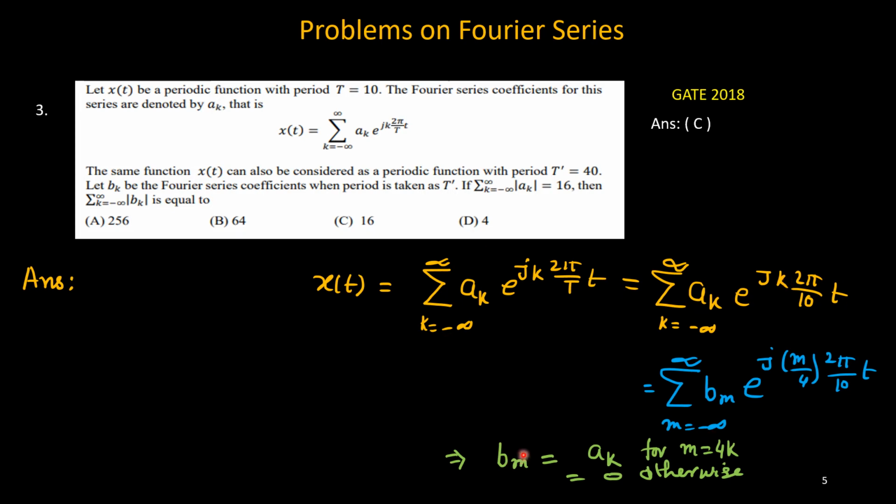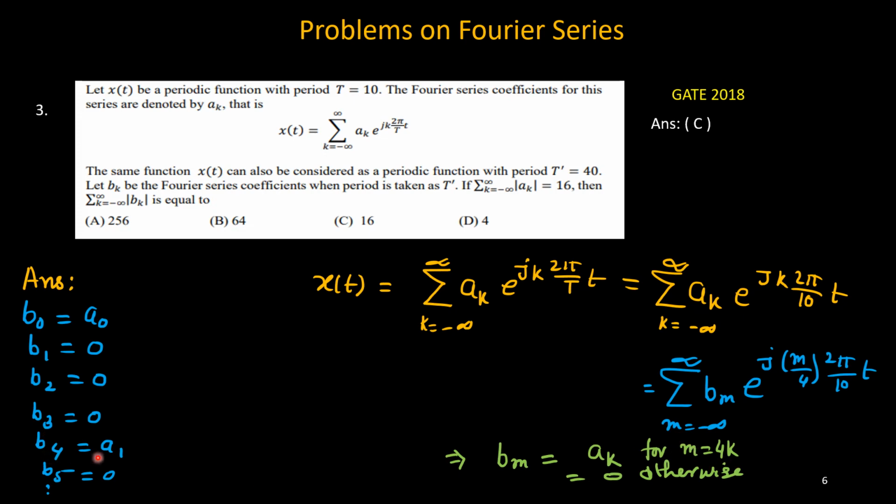And for b_m, here m is also an integer, but only when m equals 4 times k is it a_k, otherwise it is 0. It's not mentioned, meaning 0, right? In other words, when m equals 0, k is also 0, so b0 equals a0, but b1 equals 0, b2 equals 0, b3 equals 0, and for b4, I get m equal to 4 with k equal to 1.